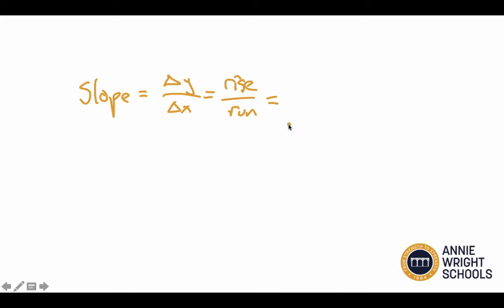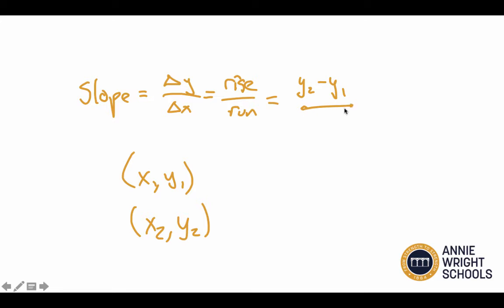You can find the slope of any linear function if you know 2 points on the linear function, x1, comma y1, and x2, comma y2. The slope would be found by taking y2 minus y1 and then taking x2 minus x1, the change in the y coordinates over the change in the x coordinates.